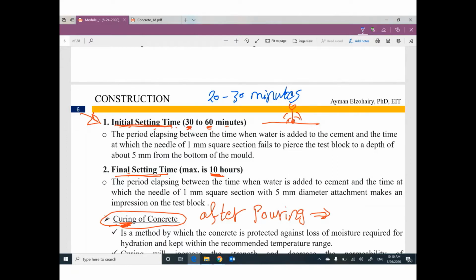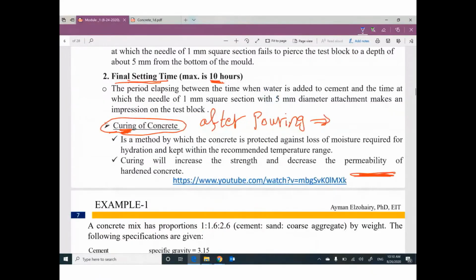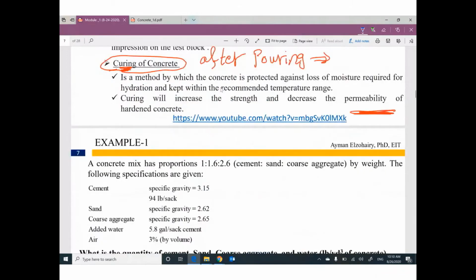After initial setting, concrete becomes viscous, so you cannot reshape the concrete smoothly or in an easy way. So we need to avoid that. We need to pour concrete before the initial setting time. Curing of concrete for 7 days probably.